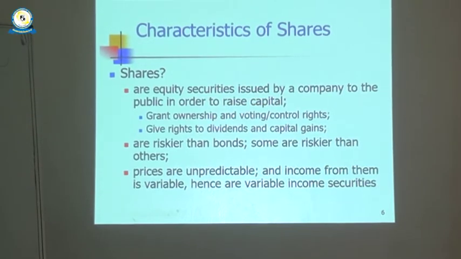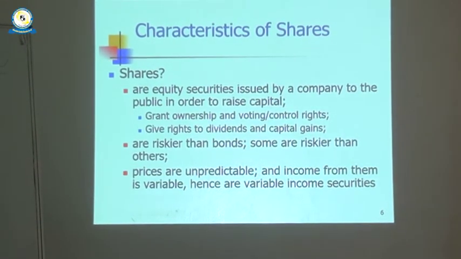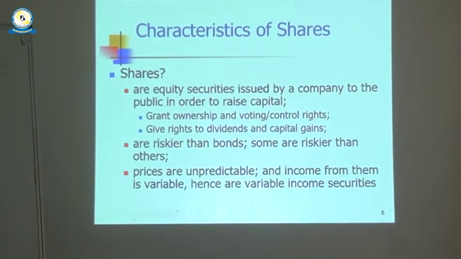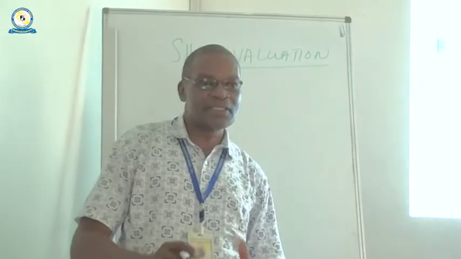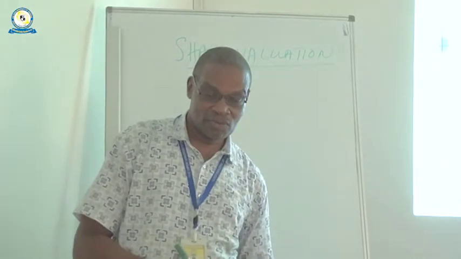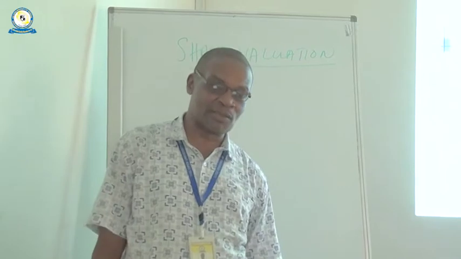Normally, shares are riskier than bonds. Although some shares are riskier than others, generally shares are riskier than bonds. The price of shares is normally unpredictable, and the income from shares is variable. So we call a share a variable income security.